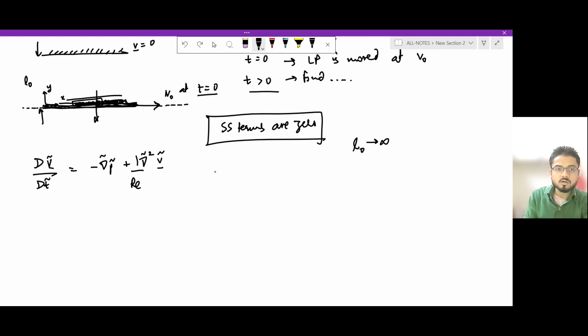So this is why the effects will keep on decreasing, but there will be certain effects even at infinity. So what would happen? The velocity would be the highest at this plate, and it would keep decreasing, keep decreasing, until at infinity it becomes 0.